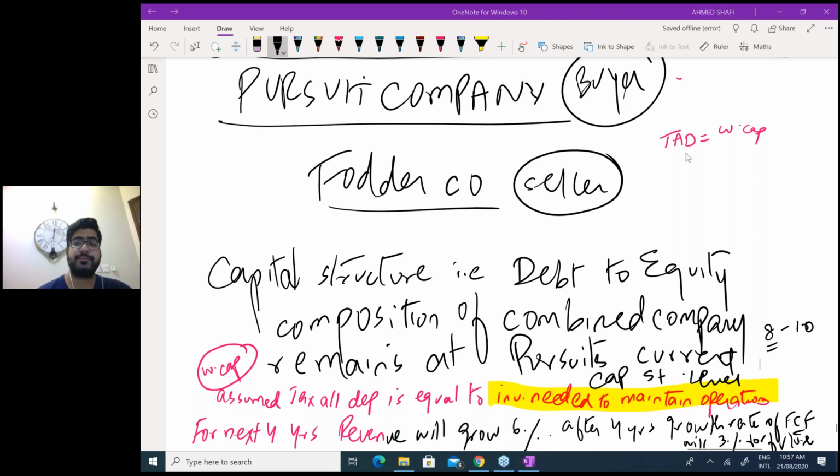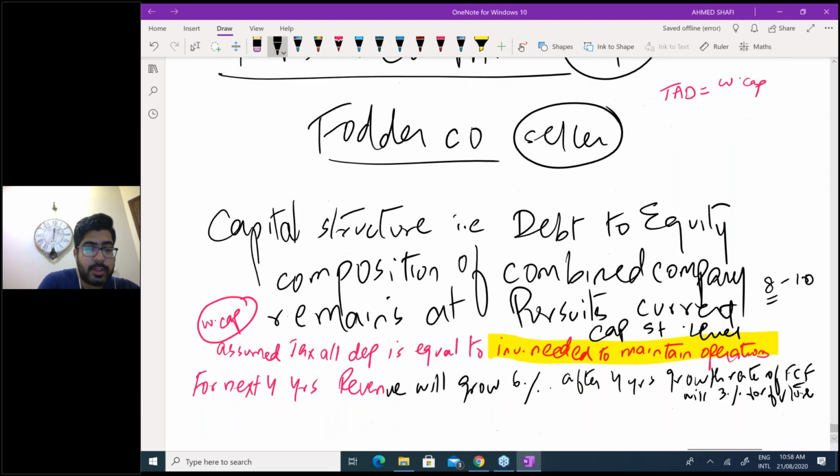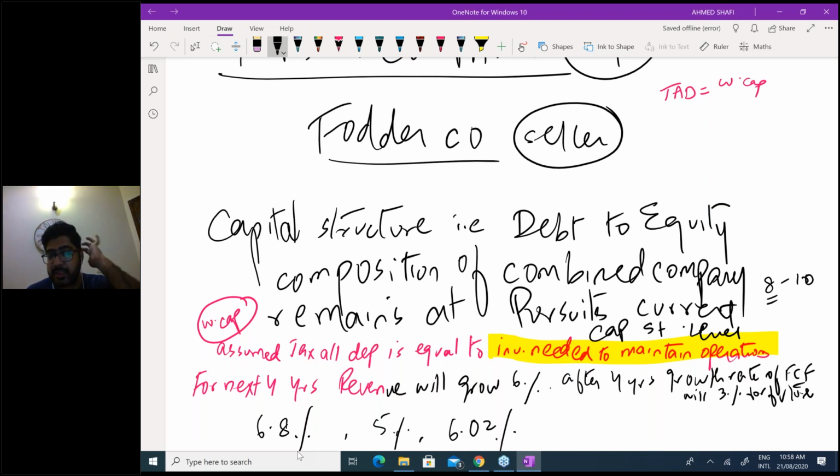So they are saying that the growth rate in the first one is coming 6.8%. The second is coming 5%. The third is coming 6.02%. So see, the question stated that for the next 4 years, revenue will grow at the same average rate as previous years.